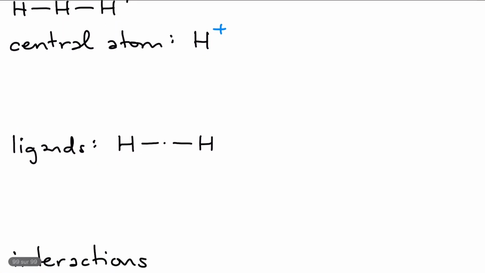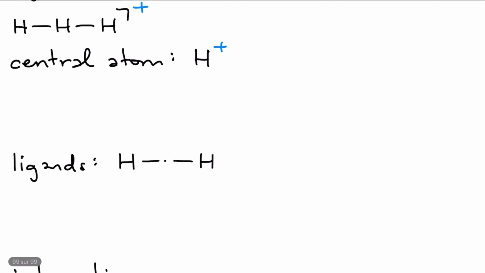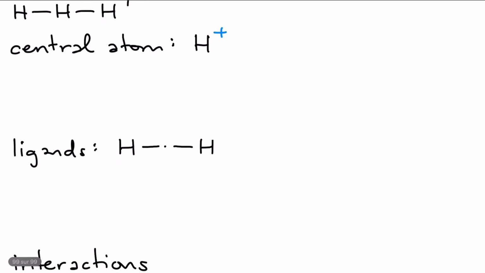Now, for the central atom, we're going to consider which orbitals the central atom can use and which orbital groups there are for the ligands to interact with the central atom. For the central atom, there's only one s, right? Hydrogen only has its one s orbital. So this is its 1s. Let's draw it in phase.